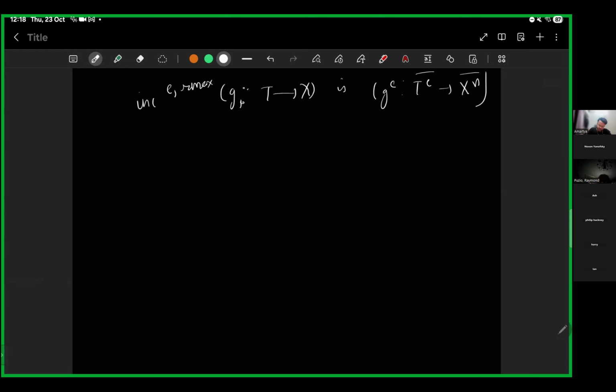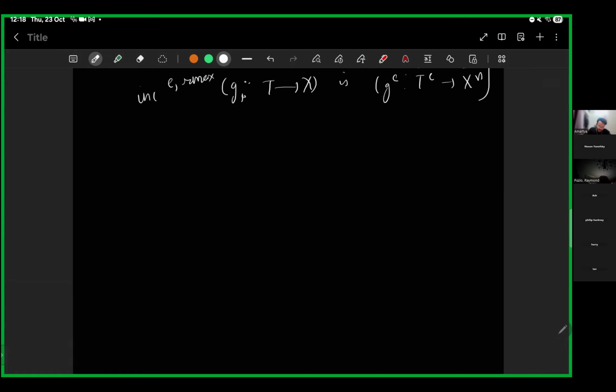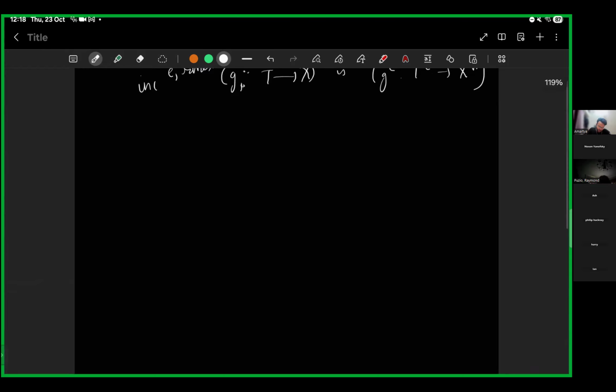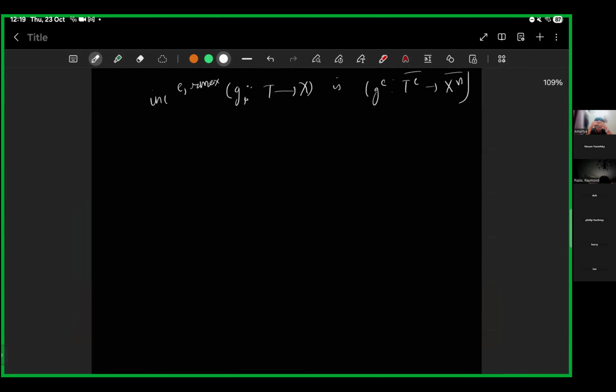This also has an inverse construction. You start with two rooted max surjective maps. Okay, let me write it down. I have 11 minutes, so you can write it down.